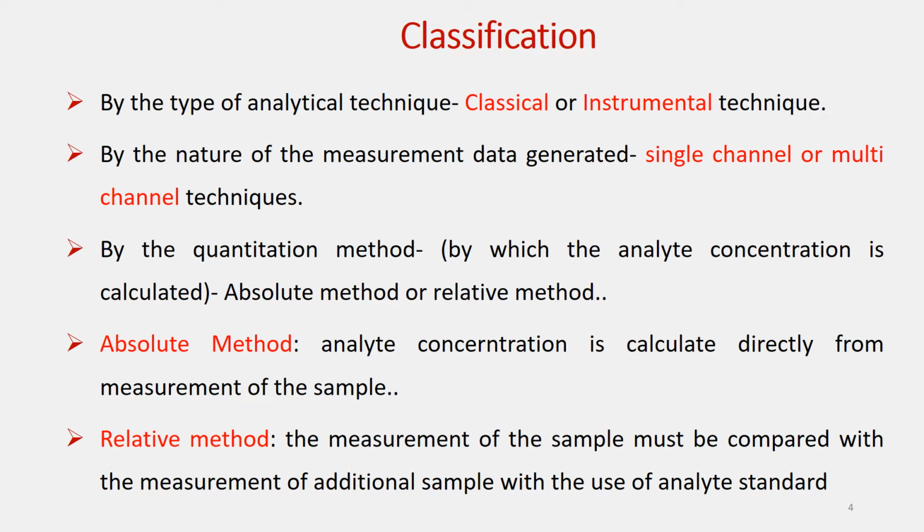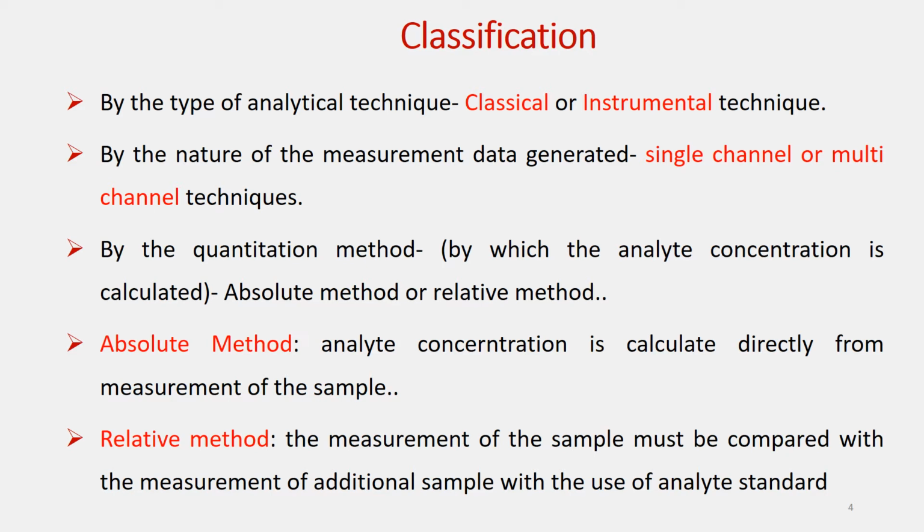Absolute method means analyte concentration is calculated directly from the measurement of the sample. For example, the sample is present, we are passing a source of light. The source of light interacts with the sample and from the transmitted light we are able to predict the contents of the sample. So it is called the absolute method. Whereas in the relative method, we use a standard.